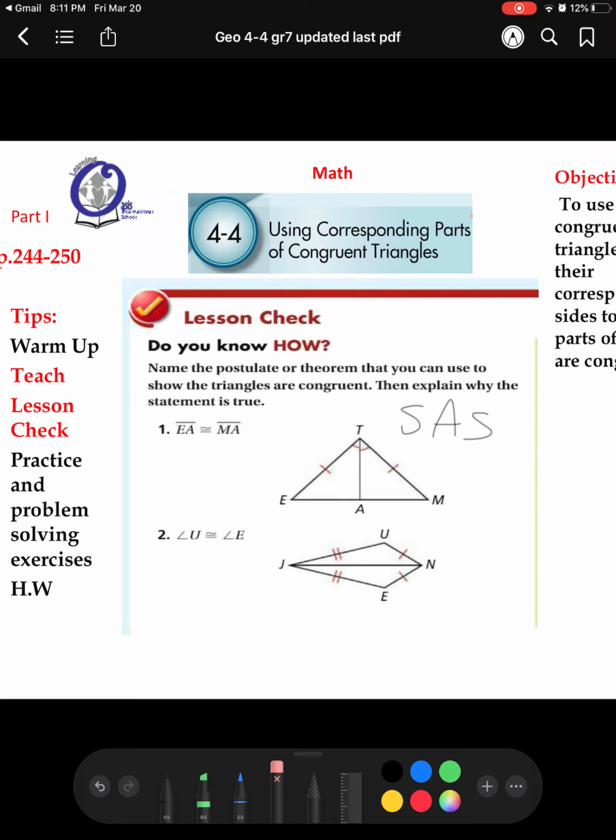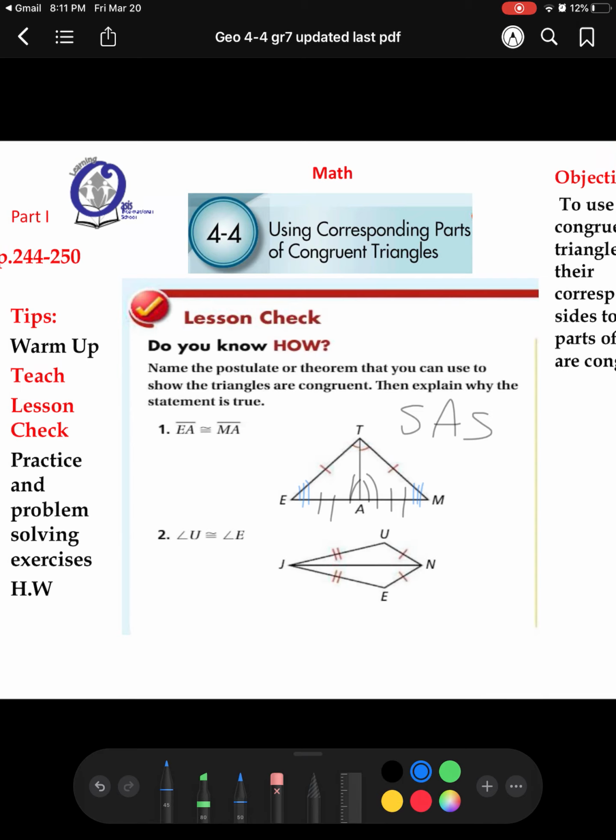So I can say easily that EA is congruent to AM, and I can say that this angle is congruent to this angle, and I'll use another color to show that this angle is congruent to this angle.